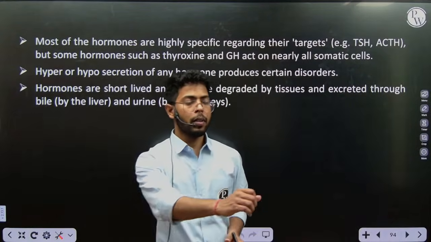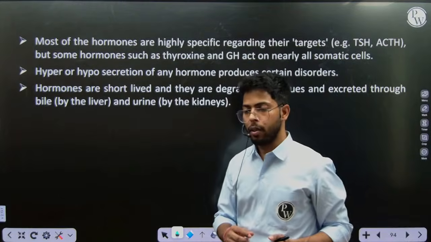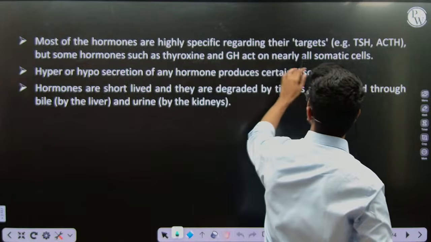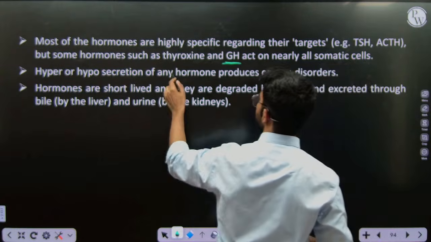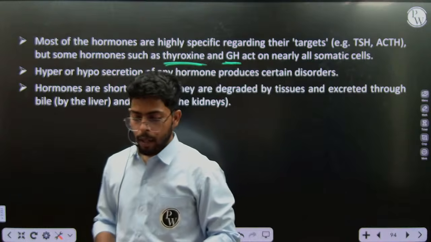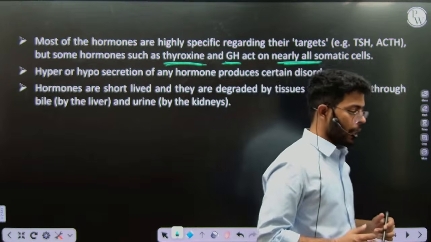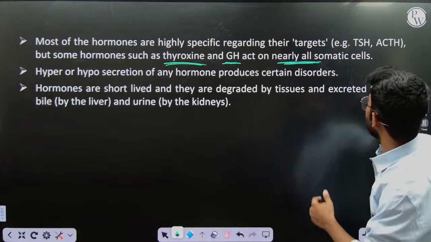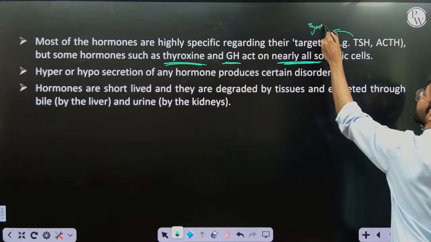Most of the hormones have target cells or target sites, but two hormones, the GH and the thyroxine, act on nearly all somatic cells for physiological changes, but TSH will only act on the thyroid gland.